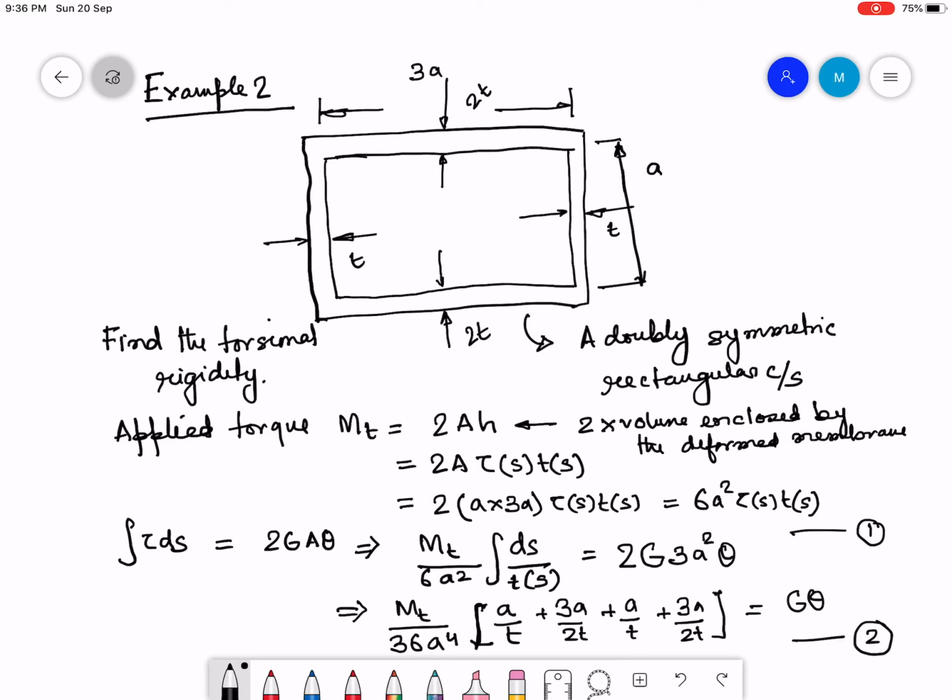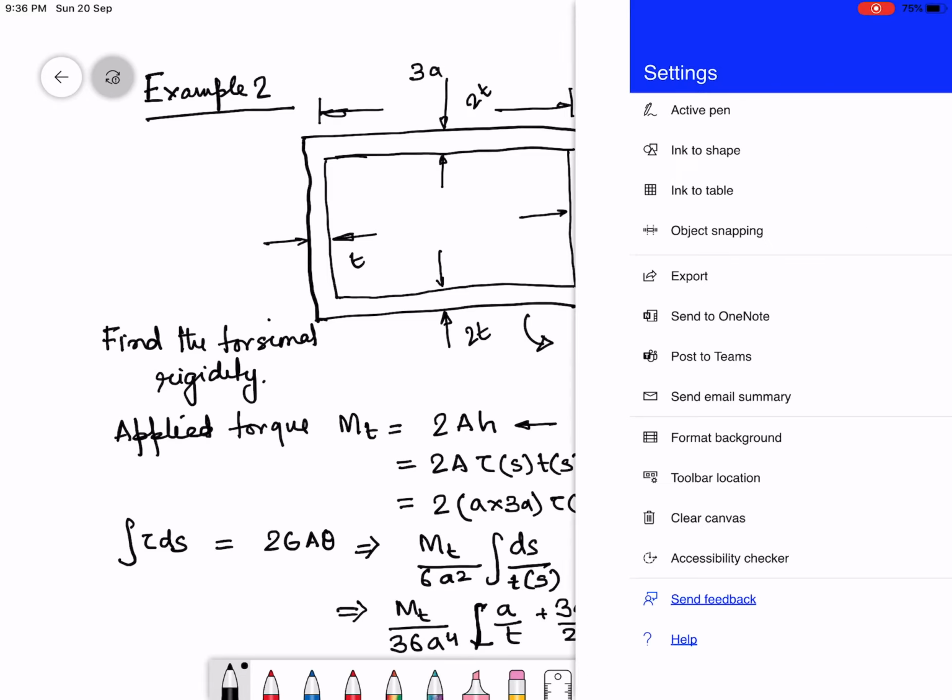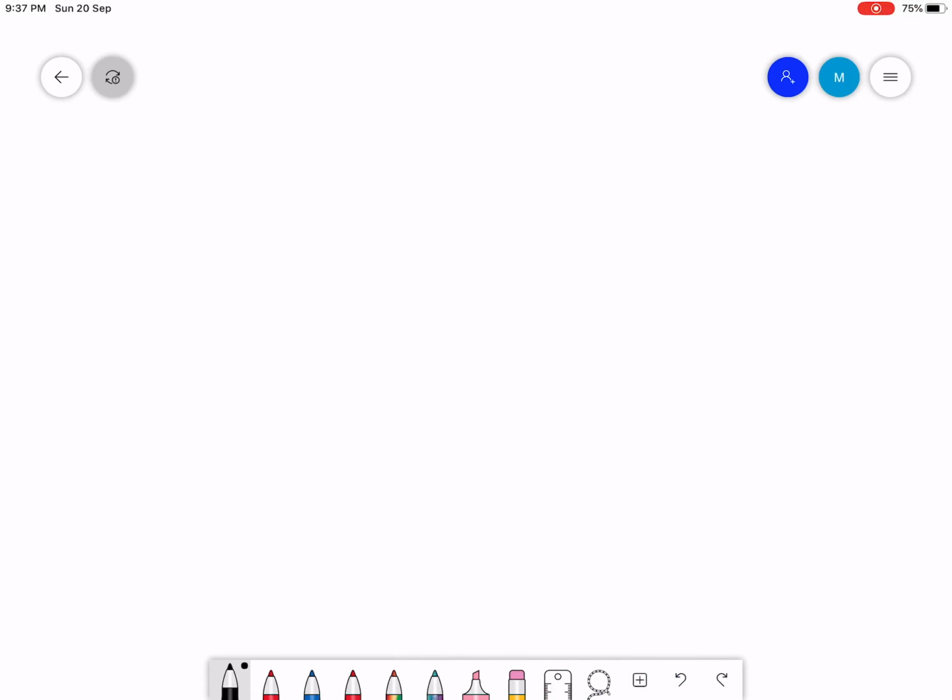So let me just simplify equation 2 and write this as mt by 36a to the power 4 into 2a by t plus 6a by 2t, and that is going to be g theta.